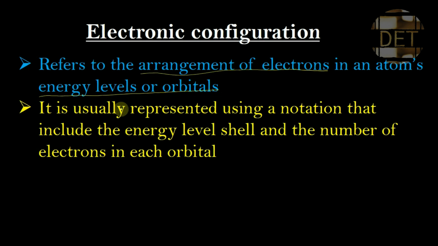It is usually represented using a notation that includes the energy level shell and the number of electrons in each orbital. And we're going to look at this as we progress.